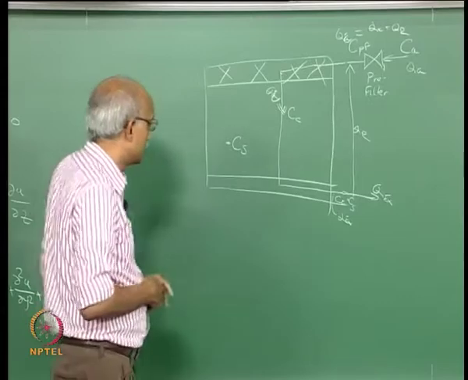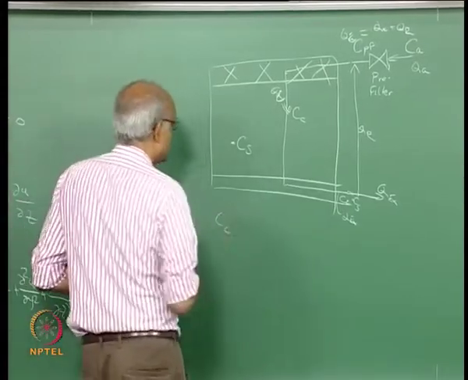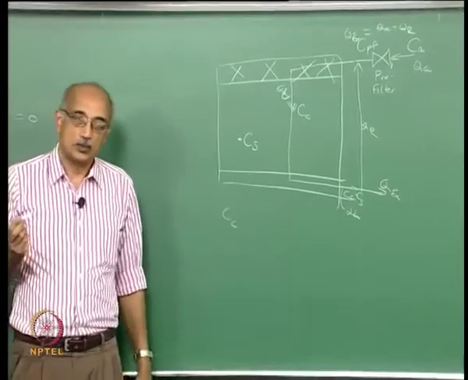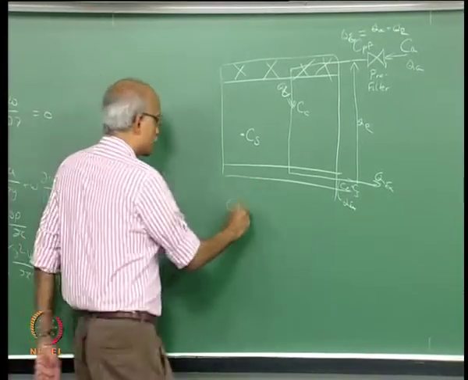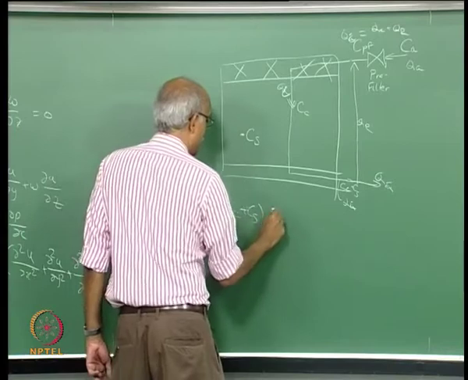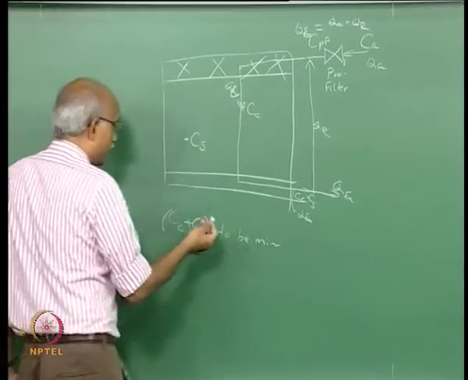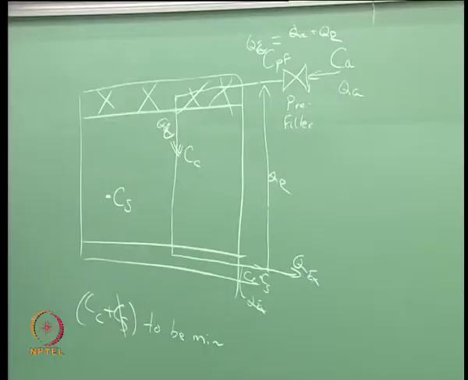Now the question that we have is, if you look at this parameter Cc, let us assume that Cs is constant, right, it is not changing. So what you want to actually minimize is Cc plus Cs, or because Cs is constant we will say that Cc is to be minimized. Now what parameter do you have control over?